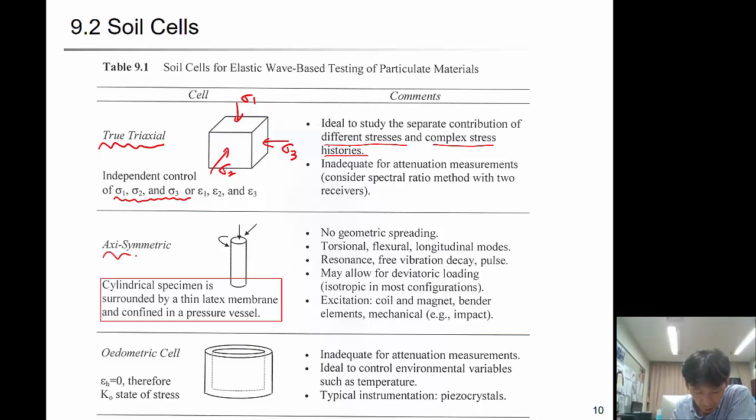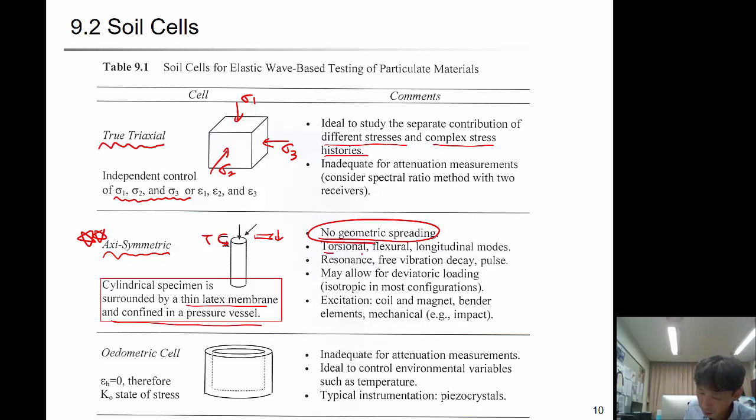An axisymmetric or cylindrical specimen surrounded by a thin latex membrane and confined in a pressure vessel is also widely used, right? This is most widely used. When we apply the axial, the longitudinal loading, or torsional loading, there's no geometric spreading. There are torsional, flexural, and longitudinal modes.